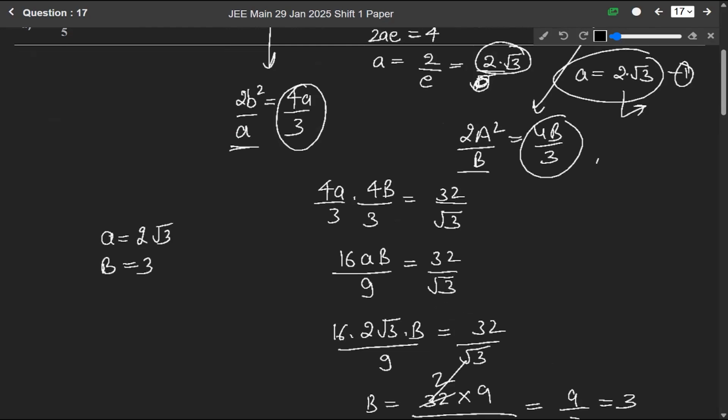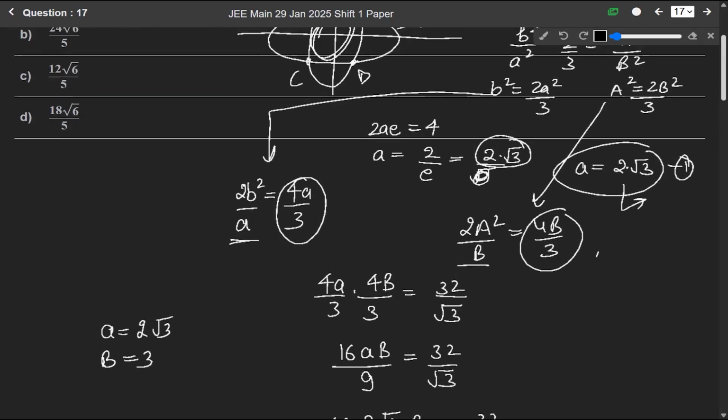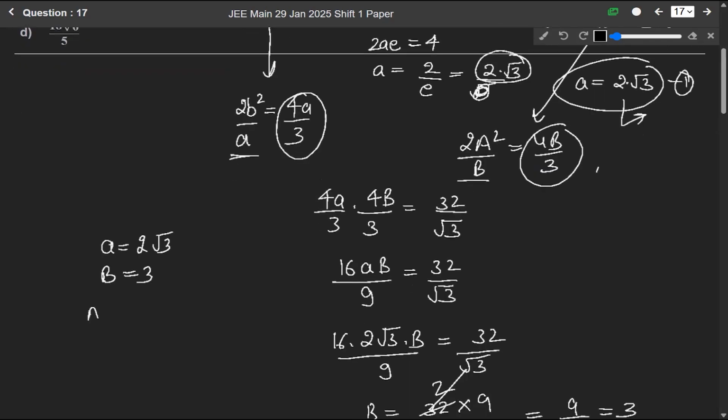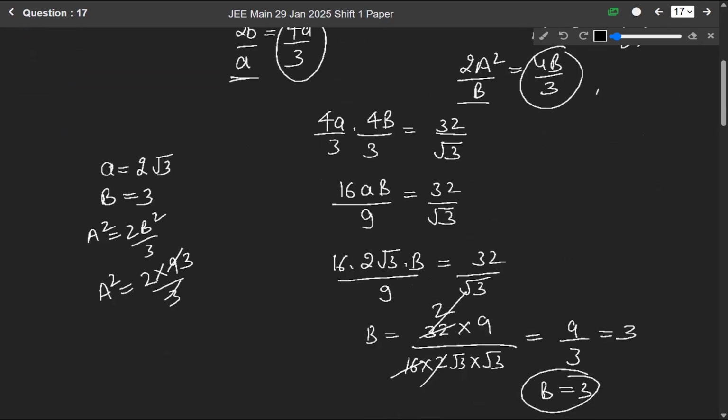If b is 3, then we can write a square equals 2b square over 3. Means a square will be 2 into 9 over 3. 3 3s are 9, so a square will be 6. So a will be root 6.